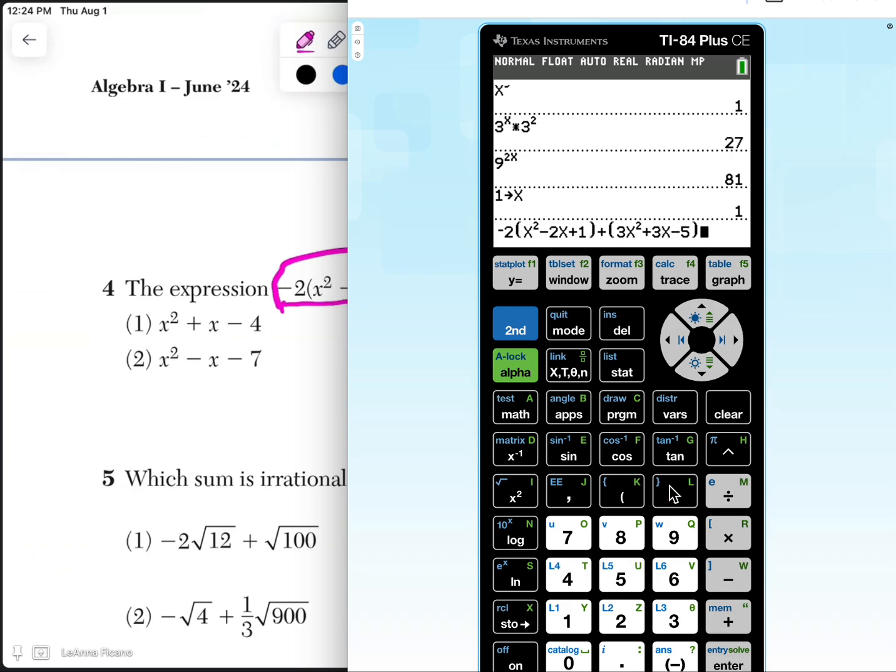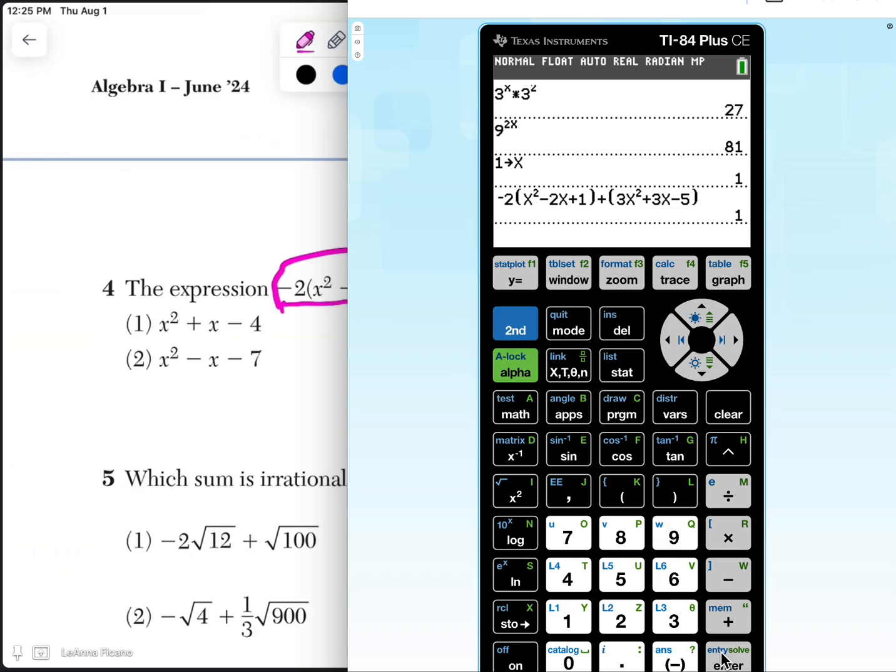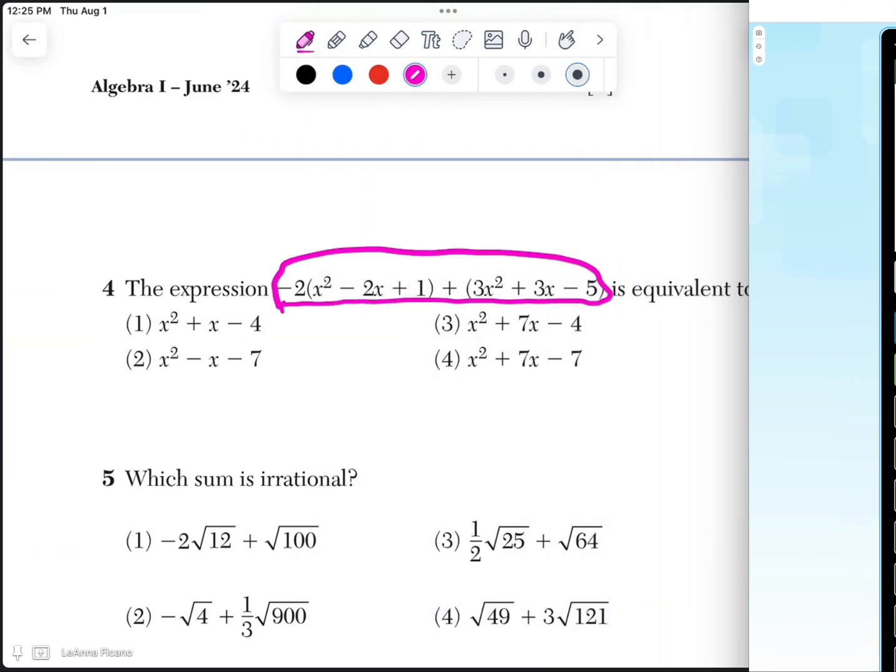Okay, so now I'm just going to hit enter, and I see coincidentally that when we make x 1, that polynomial expression is equal to 1.